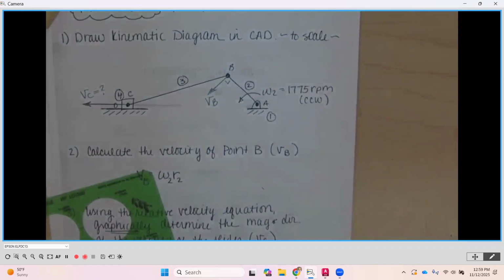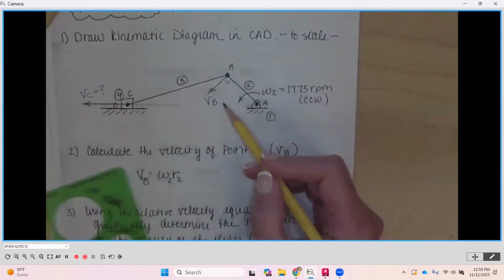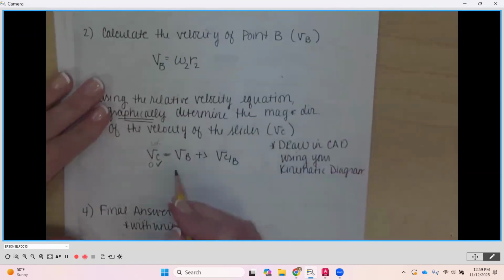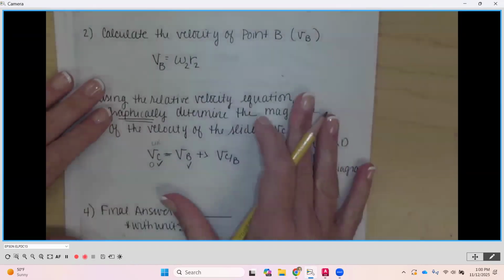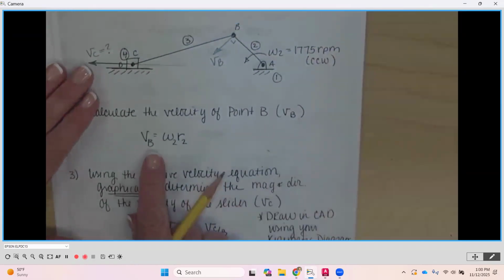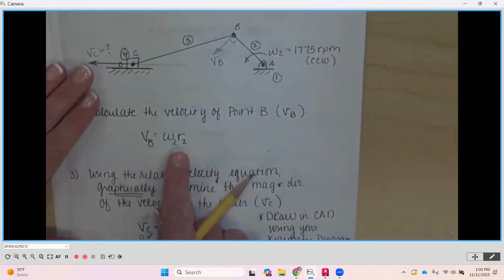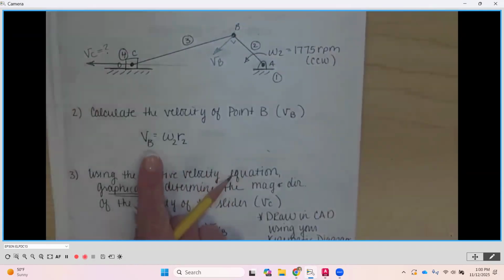So its straight line component, the velocity of point B, is going to be down and to the left. Now, I know direction of B, right? So down here, magnitude, direction, I know direction. But do I know magnitude? I might not know it right now, but can I calculate magnitude? I sure can. I can calculate it using our equation.